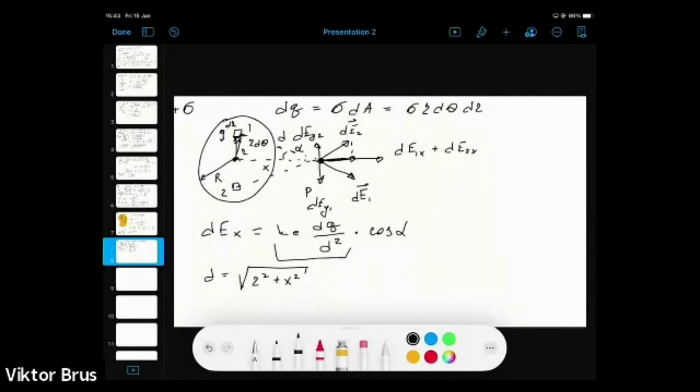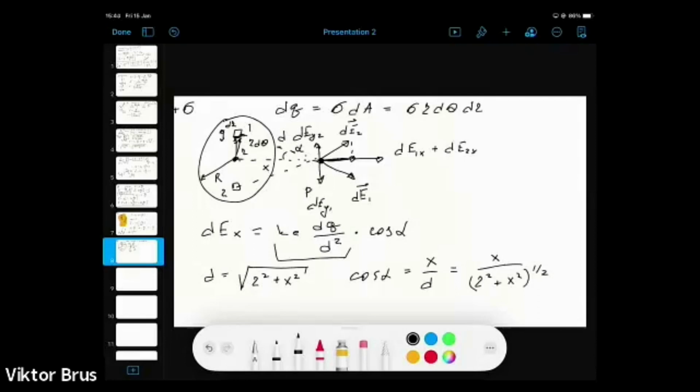Now we also need to define cosine alpha. This is equal to the ratio between x and d. And here we can write that it will be x divided by r squared plus x squared to the power of 1/2.